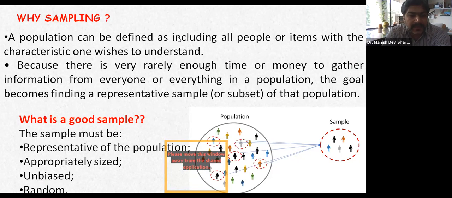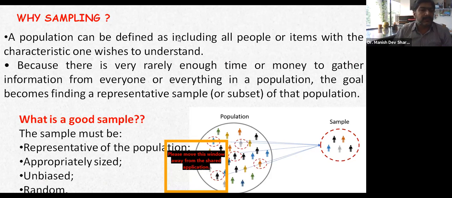Then it is representative of the population. The representative of the population basically defines that this whole good sample has similar characteristics. So these are the four properties that define a good sample from the population.